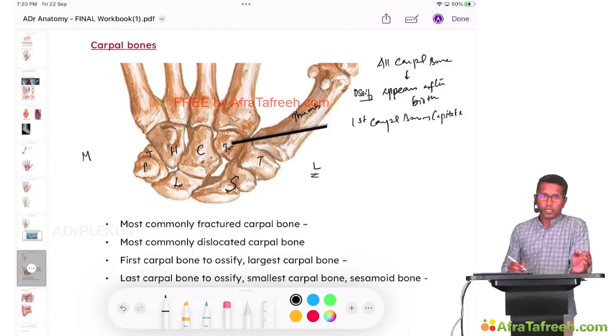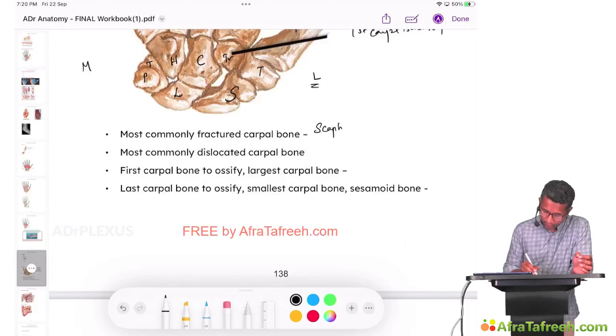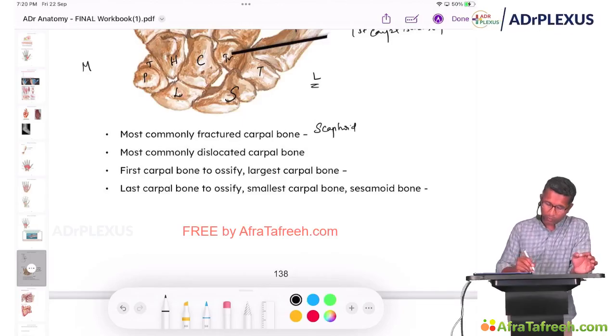Of these carpal bones, the important take-home message is that the most commonly fractured carpal bone is the scaphoid bone. Two words about the scaphoid, guys, very important.